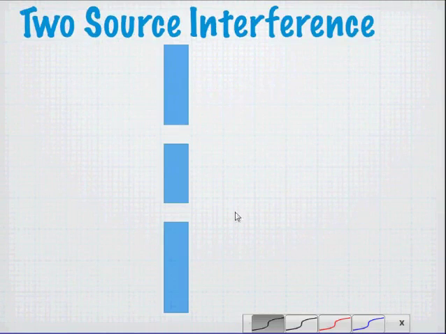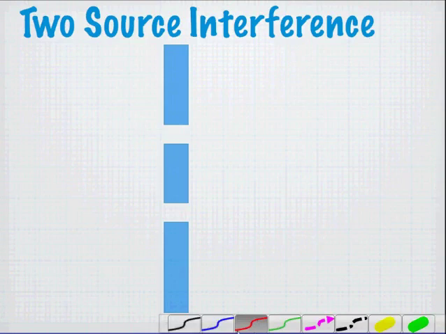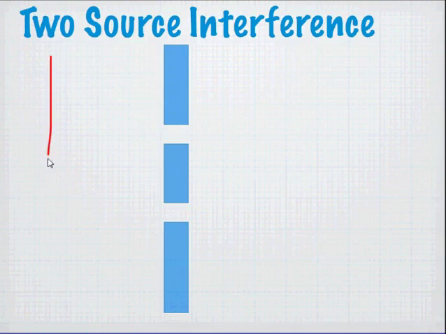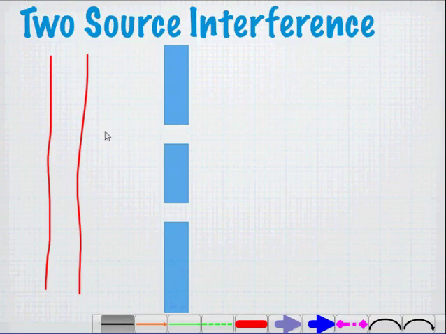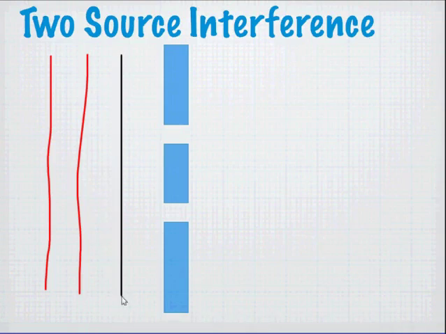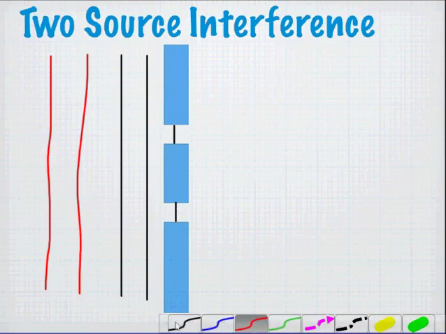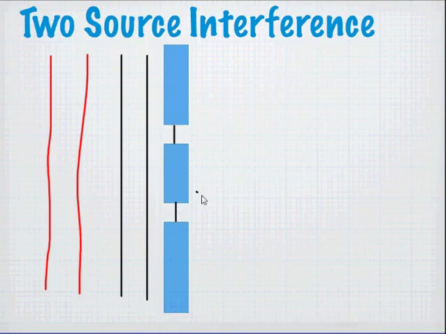Now what we're going to do here is put some waves through two gaps. So here we have some waves. Actually, I'll do this with a ruler, with a straight line, there we go, much better. Now as these waves go through this gap, they will each diffract, so each of them is going to create a curved path on this side here.